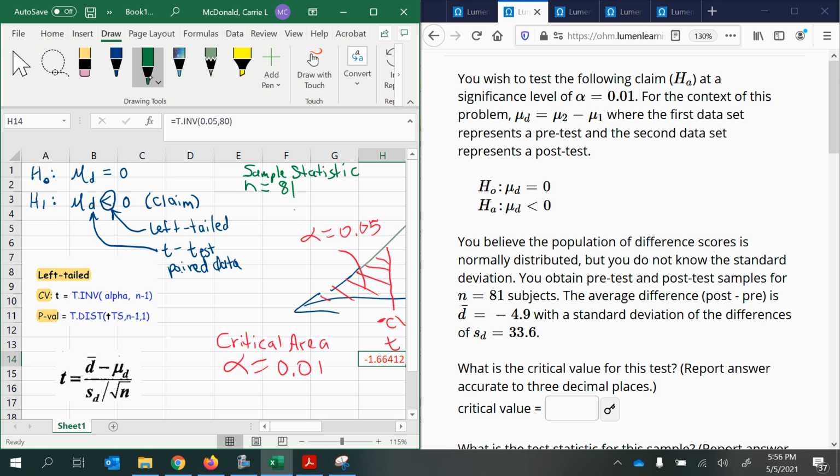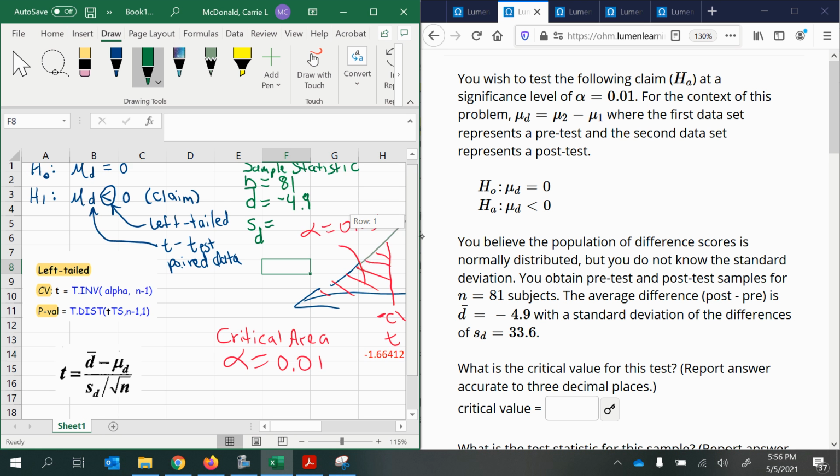I do green for my sample statistics. I do red for the critical region, and I do blue for everything else, just to help me visually. So d bar is negative 4.9. And the sample standard deviation, now notice that's not sigma. Sample standard deviation is known instead of sigma, so that's why we're doing a t-test, and it's 33.6.